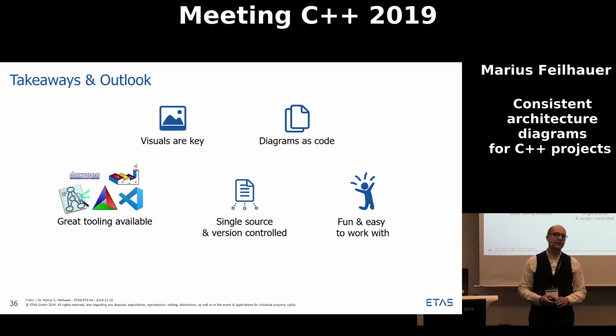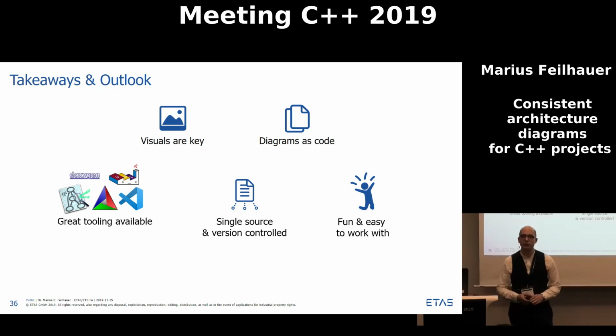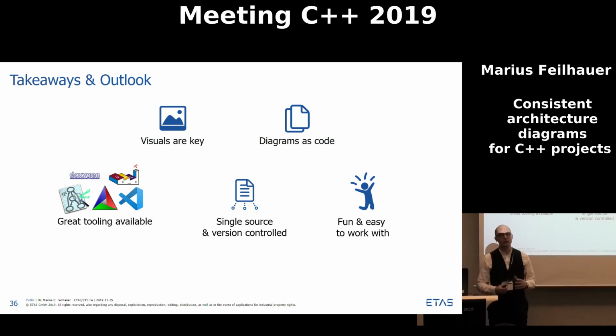And the nice thing is, if you have your architecture documentation within your repository next to your source code, you can always refer to a certain point in time, go back to version 1, to version 2, or wherever you are, and you have your overall documentation synced with your code.